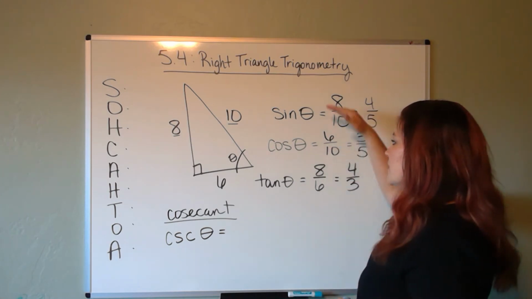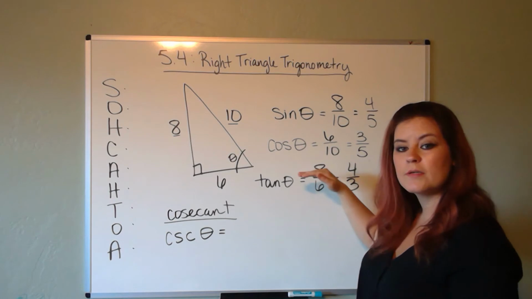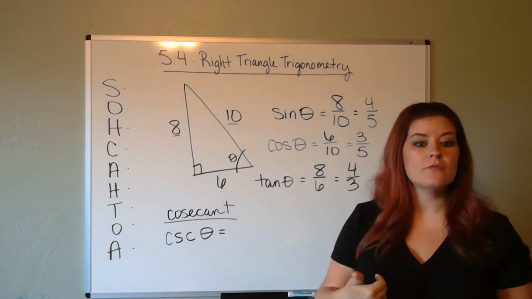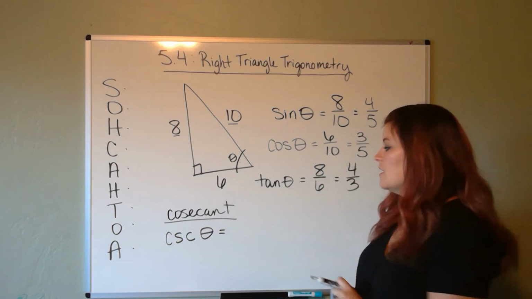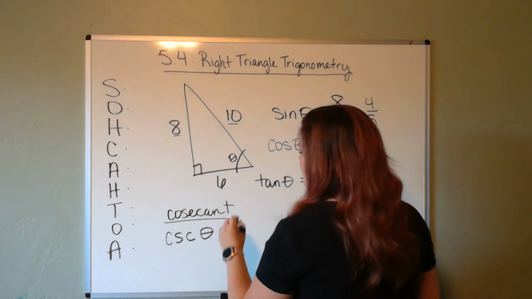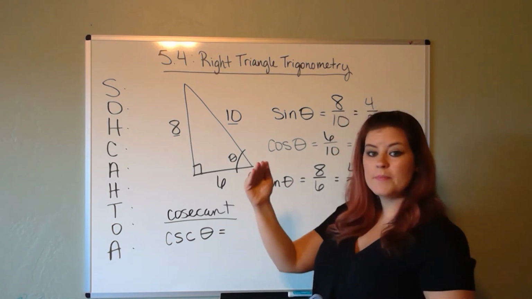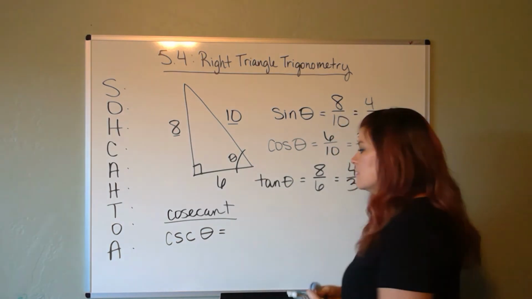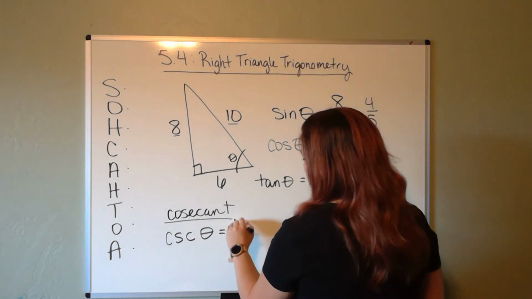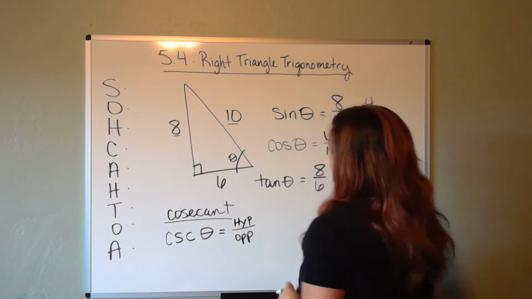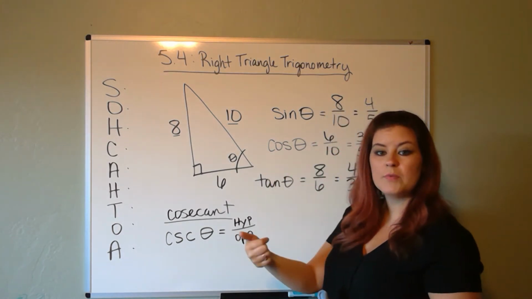We consider these the most important to learn first because the other 3 are just these flipped over. You just have to know which one is which. So cosecant is the reciprocal of sine. Sine is opposite over hypotenuse, which means cosecant would be the hypotenuse over opposite. You take whatever sine is and you flip it over.